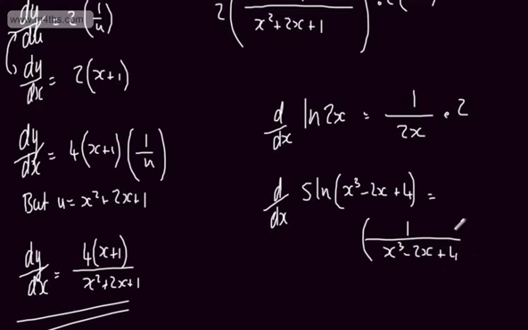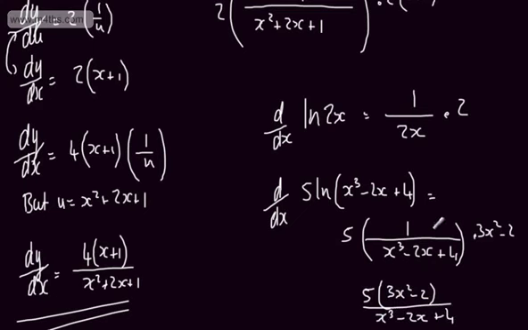So we've got 5 lots of this. And then we're going to now multiply through by the derivative of the inside function, which is 3x squared minus 2. So we'd end up with now 5 lots of 3x squared minus 2 all over x cubed minus 2x plus 4. And that is the informal approach.